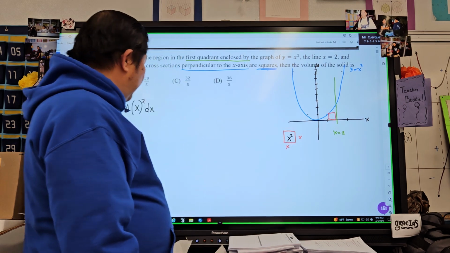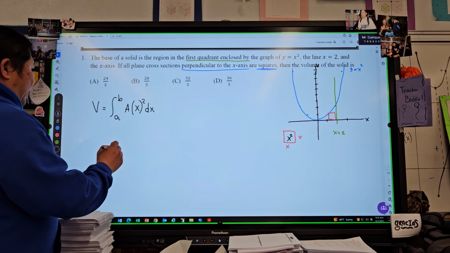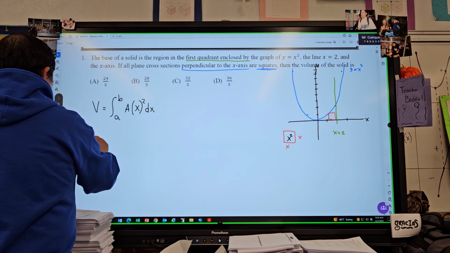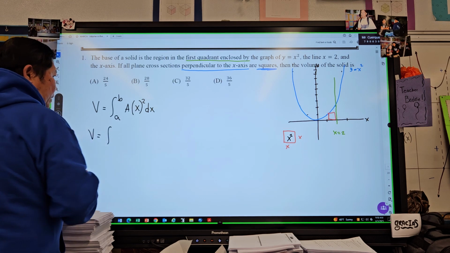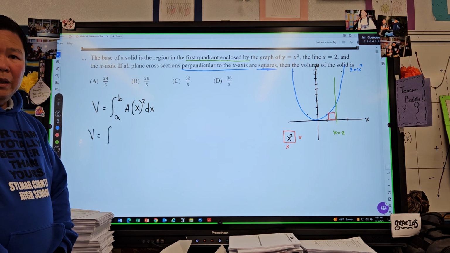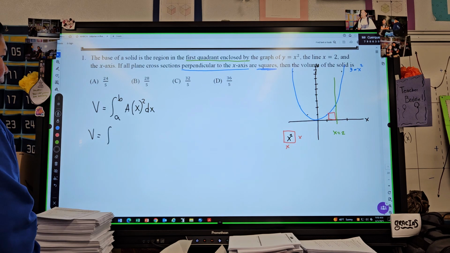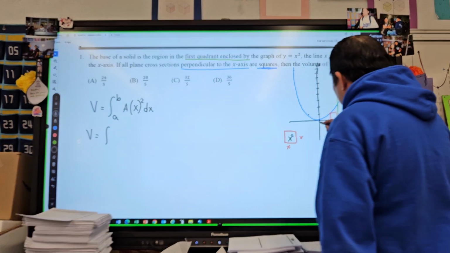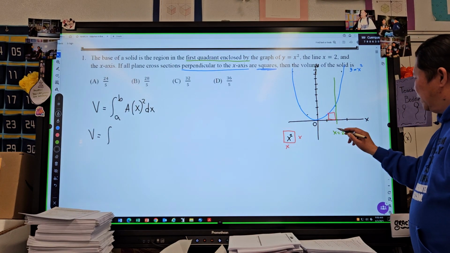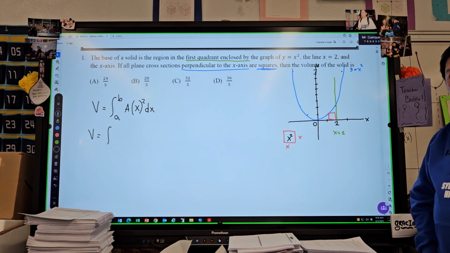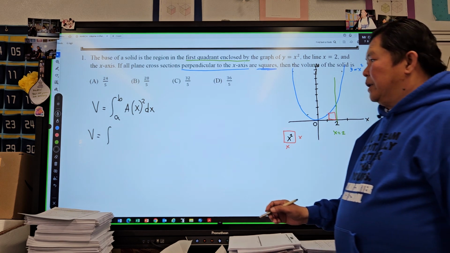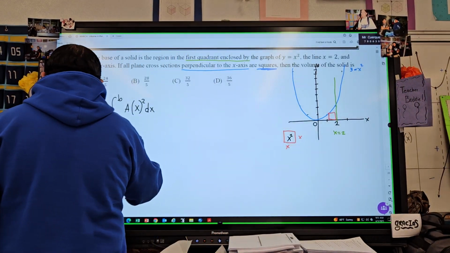That's the region, right? So we now say volume V is equal to the integral. What is our limit now? What do you think is our limit? It's gonna be from 0 to 2. That's our limit. Okay? So from 0 to 2.